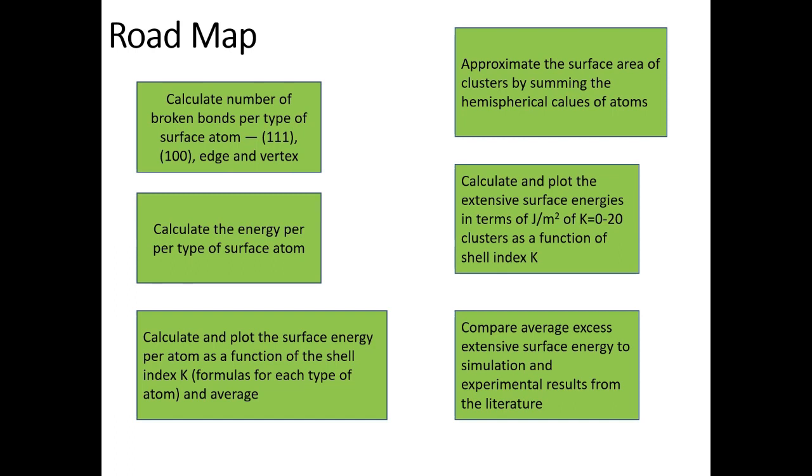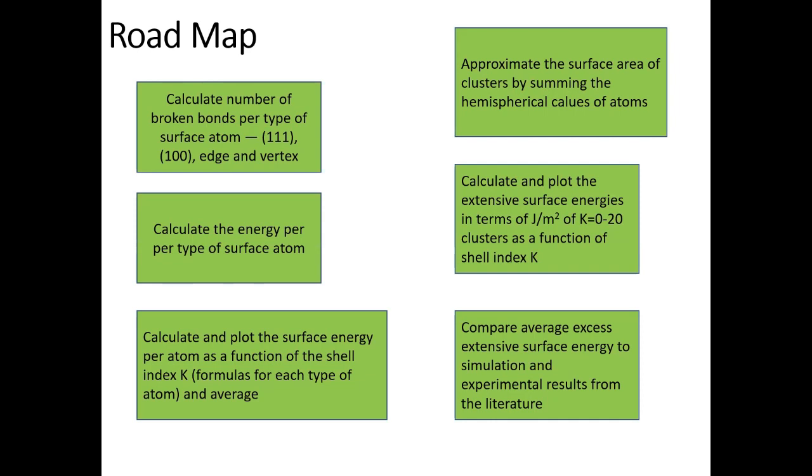So we calculate the type of atom and how many broken bonds. Then we calculate the energy per type of surface atom. Then we calculate and plot the surface energy per atom as a function of shell index K. You've learned the shell index, now we're going to use it again. And then there's different formulas for each kind of atom.